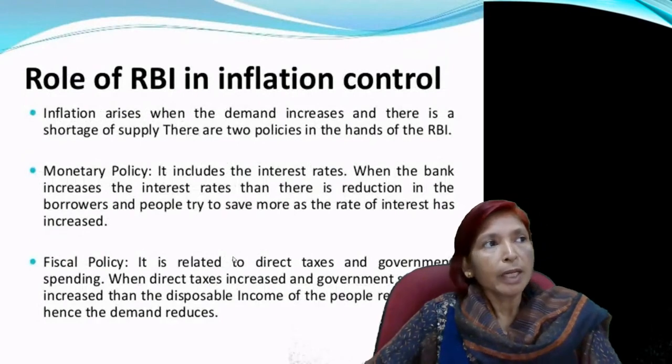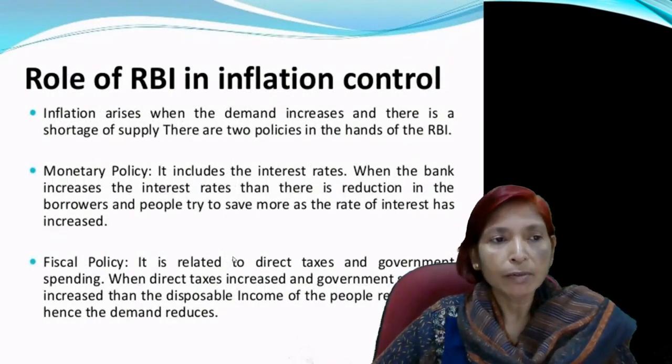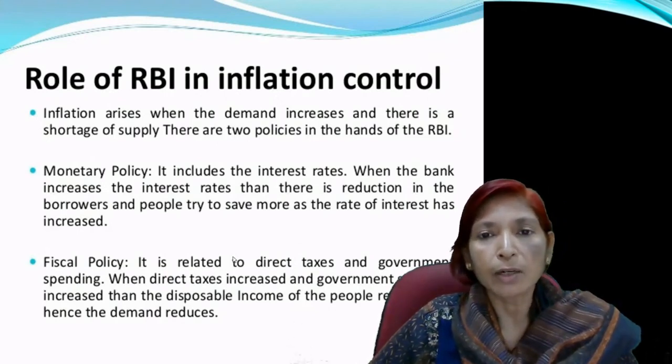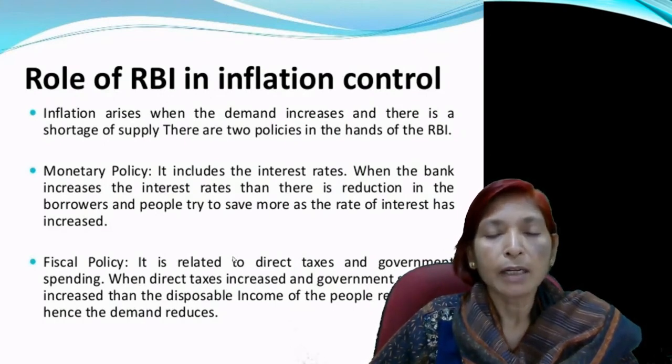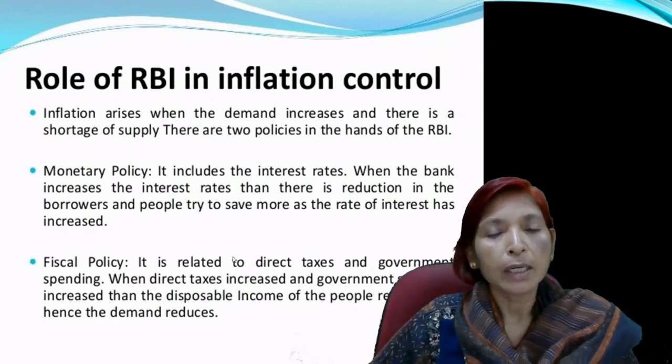So RBI can easily control the inflation situation of the economy. RBI has instruments, qualitative and quantitative, which can control the inflation and deflation problems that exist in the economy. So RBI plays a very important role in India.